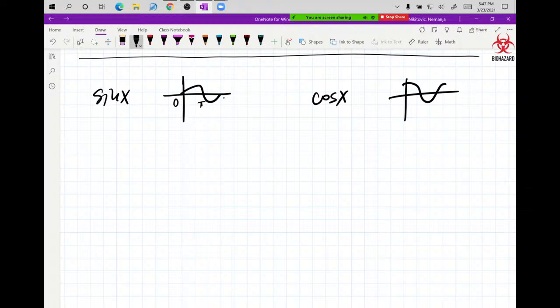So 0, pi in the middle, and 2 pi at the end. You only draw the 0 to 2 pi principal period, and you can use it to solve equations and whatever else we're going to do later.